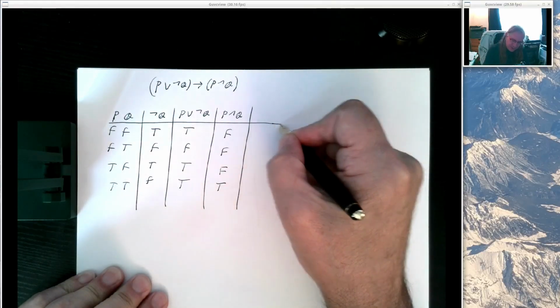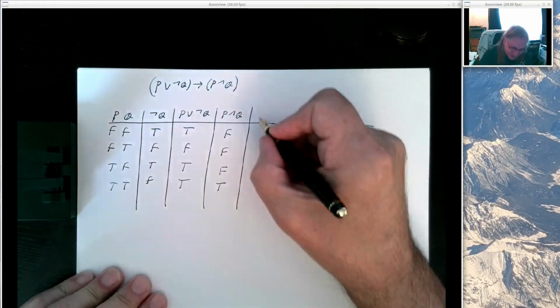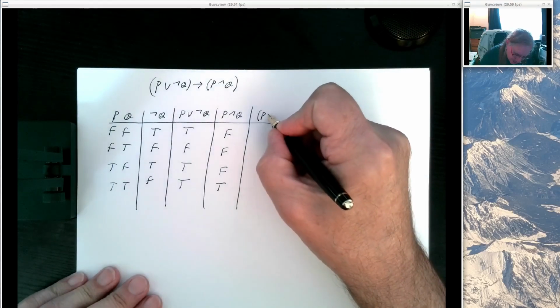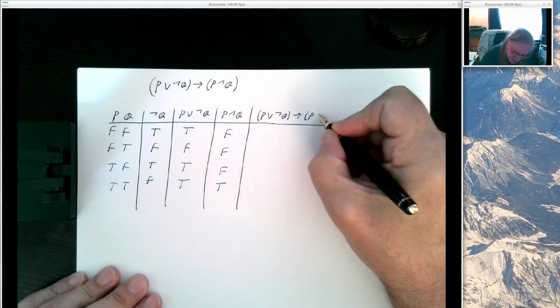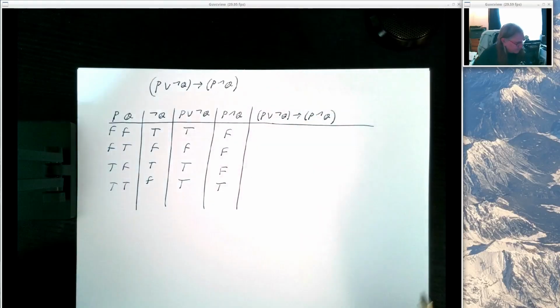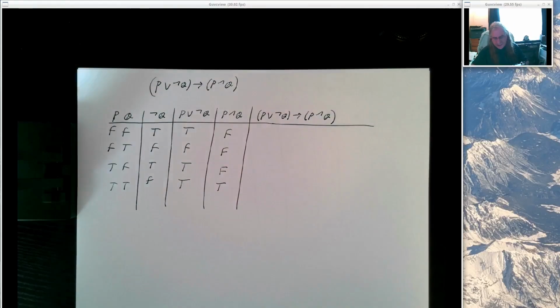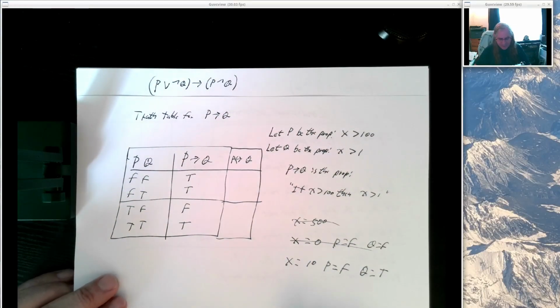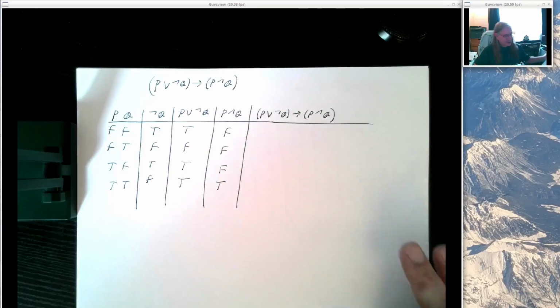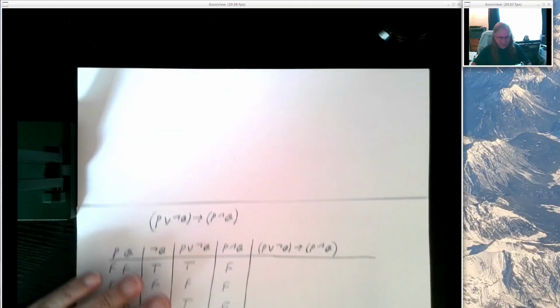So now I can write down the truth value for this compound expression, P or not Q implies P and Q. And to do this, all I need to know is the truth table for if something then something. So here's a trick that you can use.